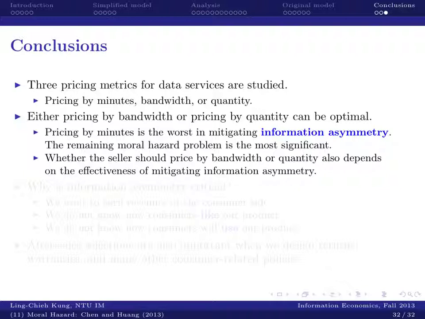Yeah, because the remaining moral hazard problem is too strong. So whether the seller should price by bandwidth or by quantity depends on how this pricing metric can mitigate or alleviate information asymmetry.